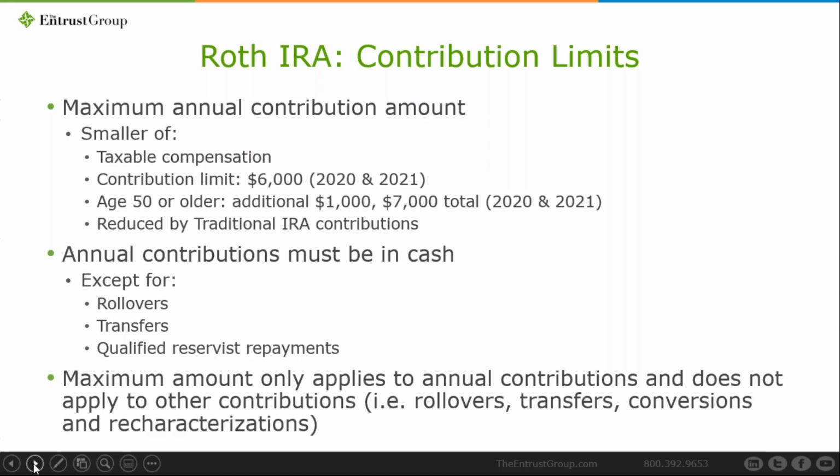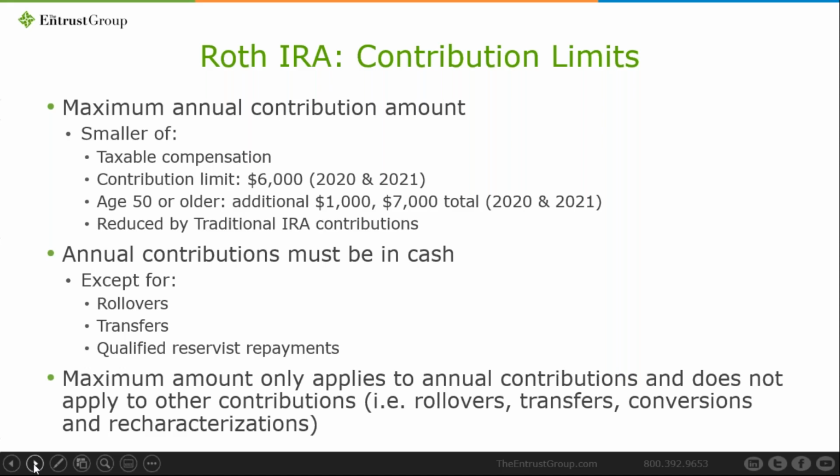So any variation of contributions can be made to both a traditional and a Roth, as long as the combined total of all contributions does not exceed the limit. So you can contribute $3,000 to a traditional, $3,000 to a Roth, or $1,000 to a traditional, $5,000 to a Roth if a person's under the age of 50. If they're over 50, then $6,000 to a traditional, $1,000 to a Roth.